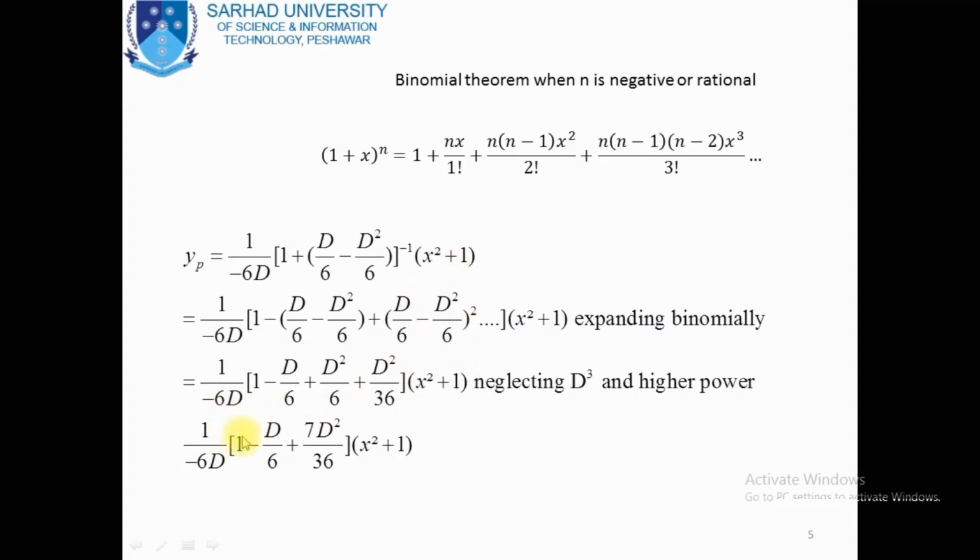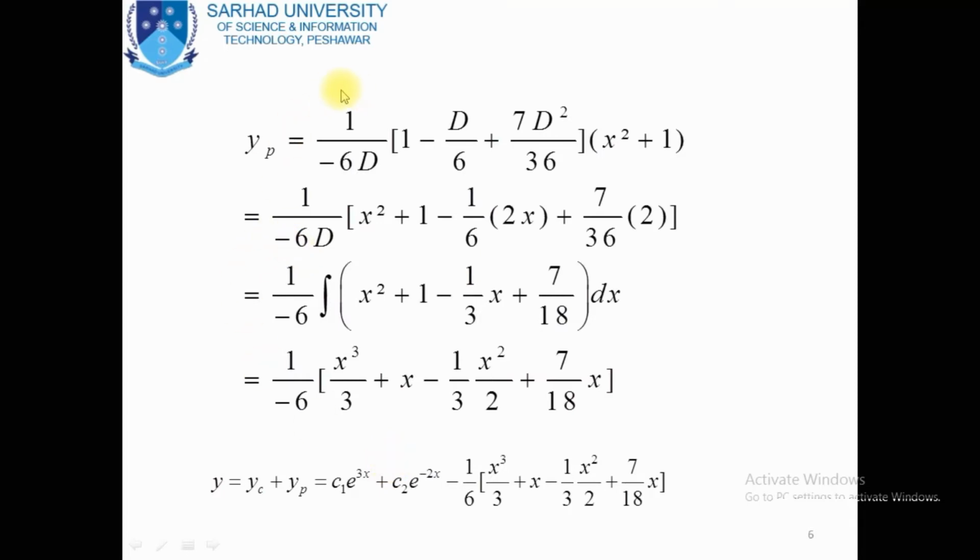Now minus 1 over 6D into 1 minus D by 6 plus, taking the LCM of these two terms, 7D square by 36 into x square plus 1. D means the first order derivative of this polynomial, and D square means the second order derivative. So the particular solution is 1 over minus 6D into 1 minus D by 6 plus 7D square by 36 into x square plus 1.